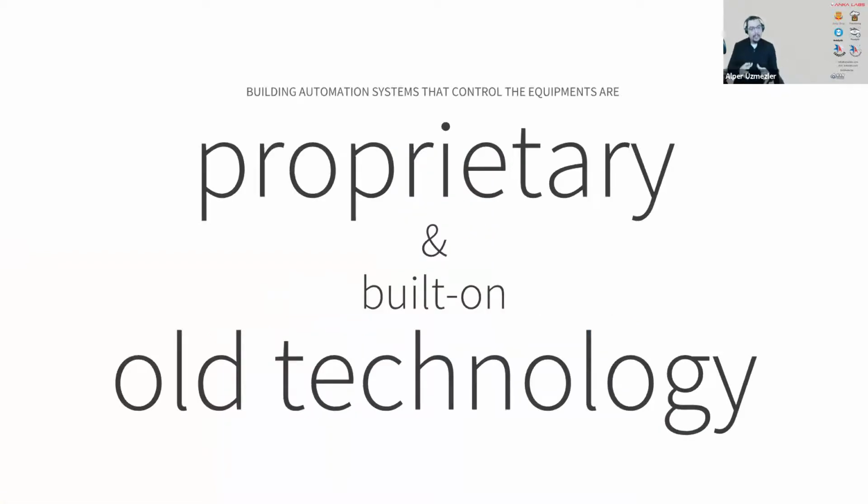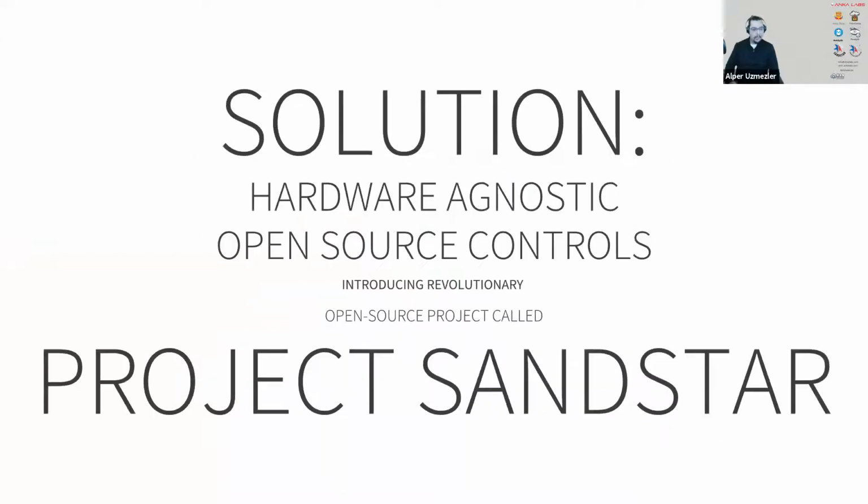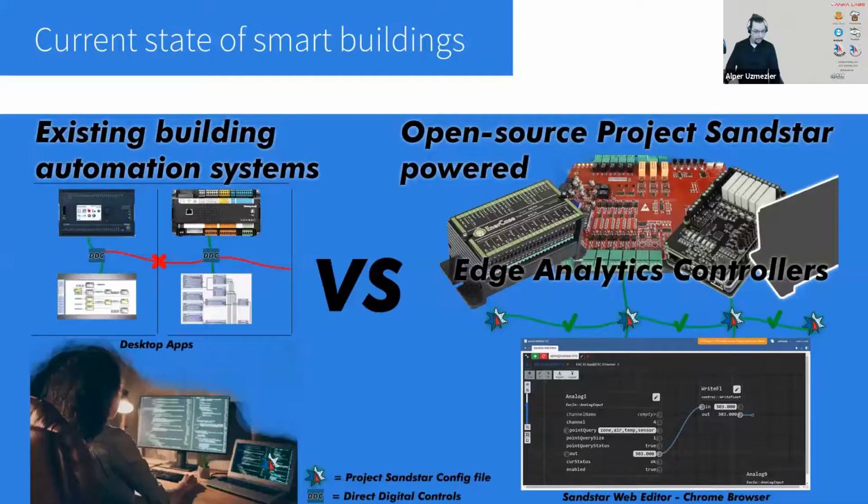So the existing systems are built on proprietary and old technology. And within the new era, next slide, please. What we have done is hardware agnostic controls. By merging two different projects, we were able to achieve it. Next slide, please.